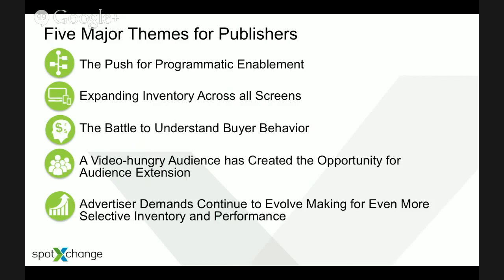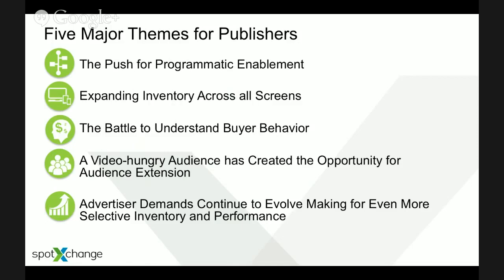Here are 5 different themes. The first theme being the push for programmatic enablement, where advertisers want to start accessing your inventory through a different medium. We're going to talk over expanding inventory and the emphatic growth of mobile. Touch on transparency and how, as a publisher, you can arm yourself with data to really learn more about how the advertiser side is viewing your inventory and their buyer behavior.